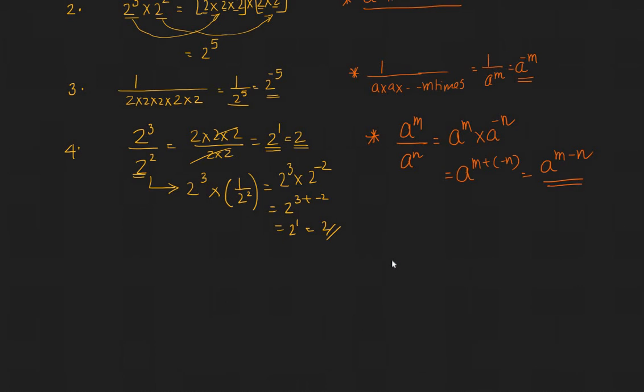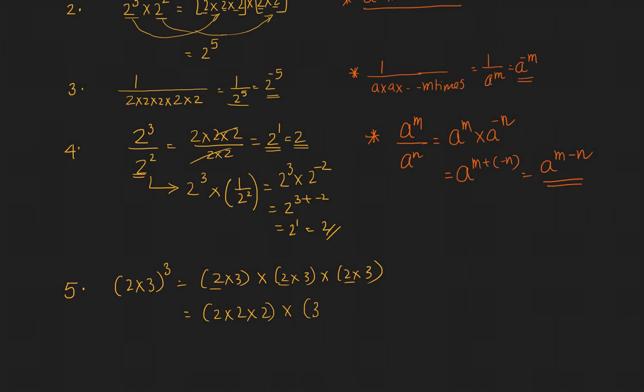Let's look at the next one, which is the fifth one, and these are, I would say, auxiliary or other important rules. Let's say what is 2 into 3, 3 times. That's nothing but 2 into 3 into 2 into 3 into 2 into 3. I can rewrite this by putting all the 2s together: 2 into 2 into 2 into 3 into 3 into 3.